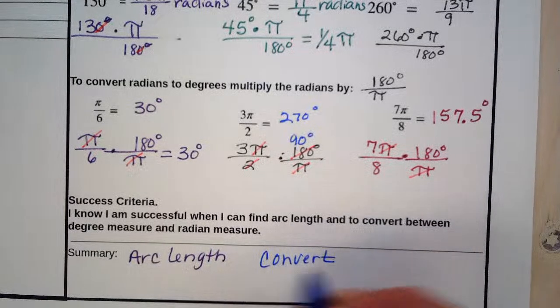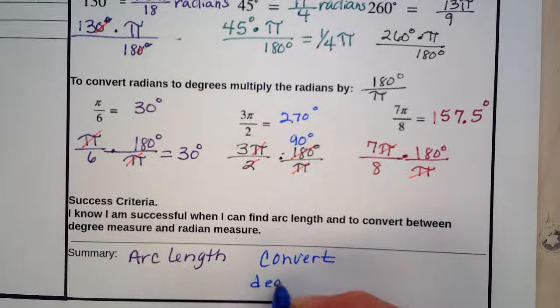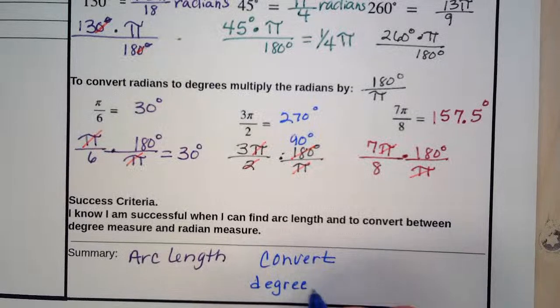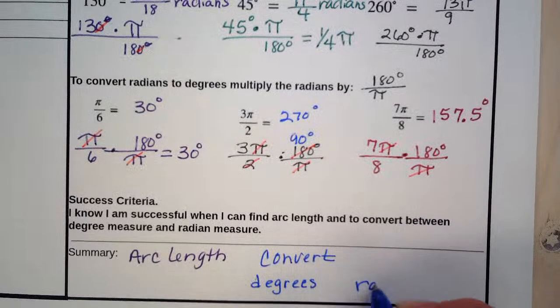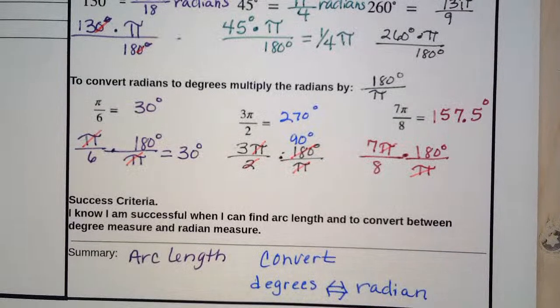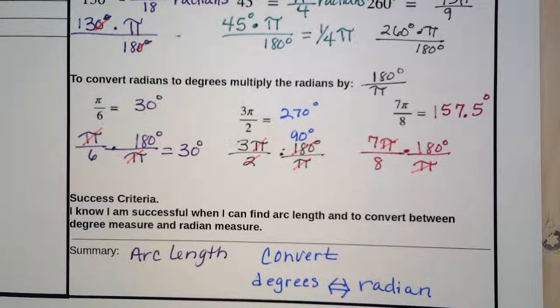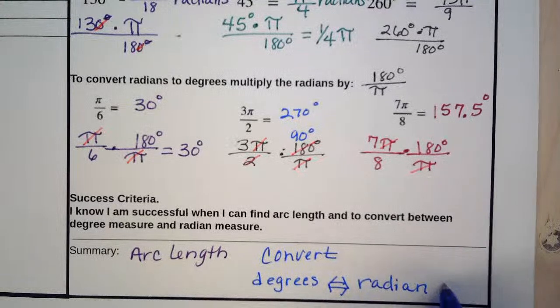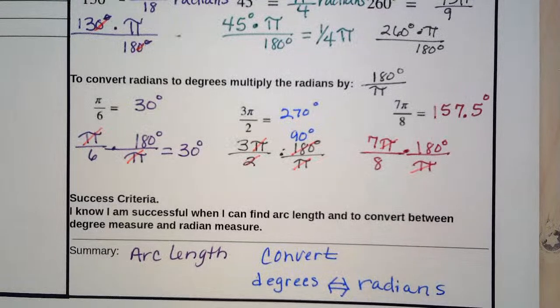Convert degrees into radians. Radians into degrees. That gives us that double-sided arrow. We're going both ways. I hope that you can get it figured out. If not, we'll need to talk.